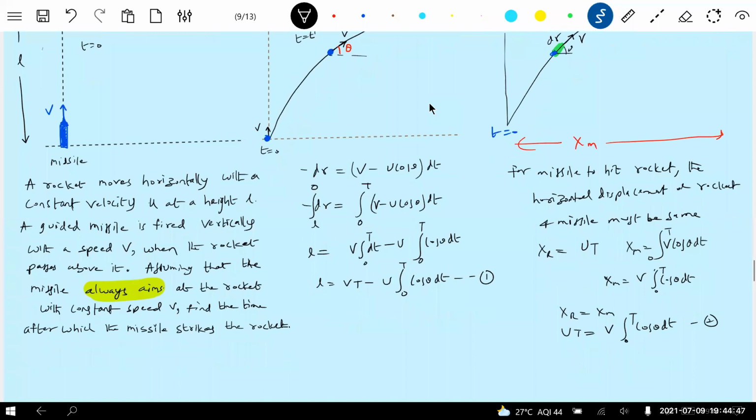So comparing 1 and 2, put 2 in 1. So in place of this, it should be ut by V. V square minus u square, t by V. So the time is equal to Lv by v square minus u square.